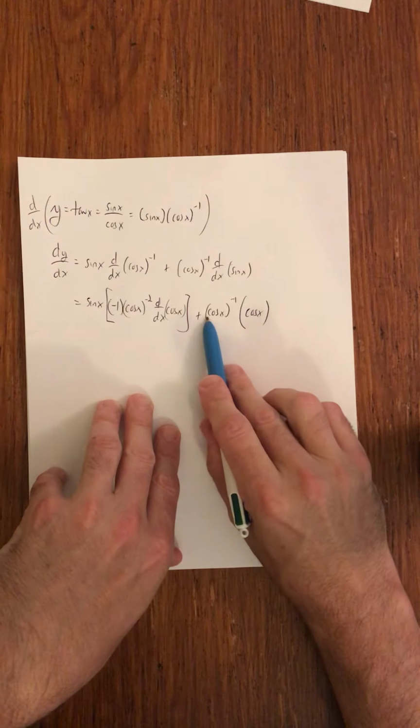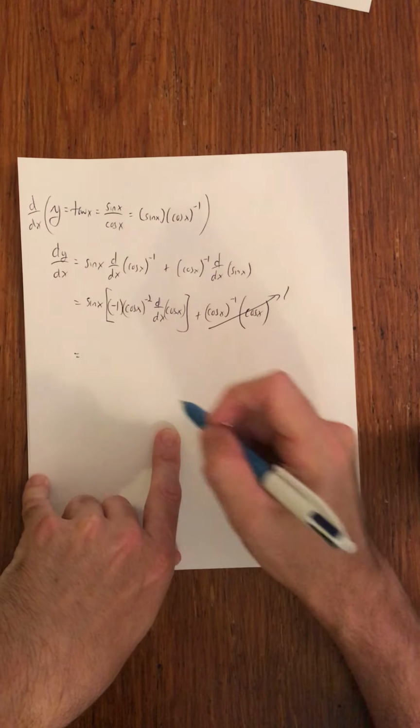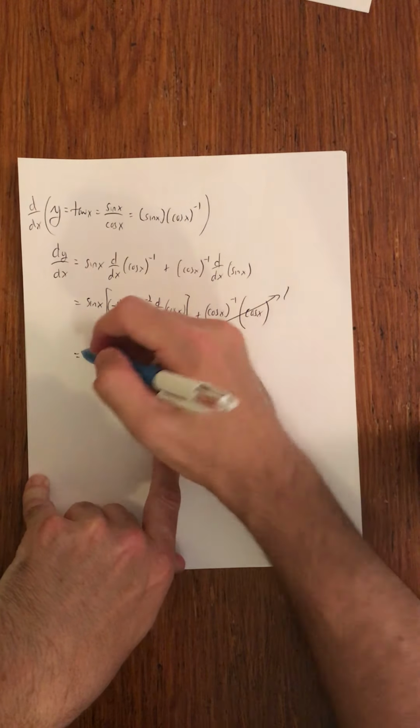Well, that's convenient. Cosine of x to the negative 1 and cosine of x, that whole term goes to 1. So what do I have here? I have sine of x, brackets, negative 1, and cosine to the negative 2, that's gross. So I'm just going to put that as 1 over cosine of x squared. And then the derivative of cosine of x we know is negative sine of x from the work we did before. So there we go.